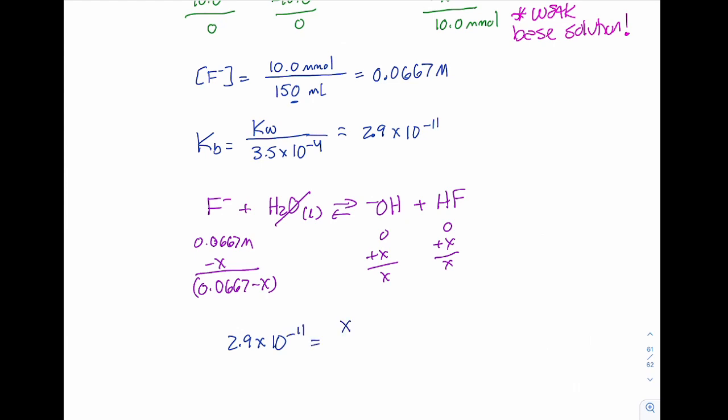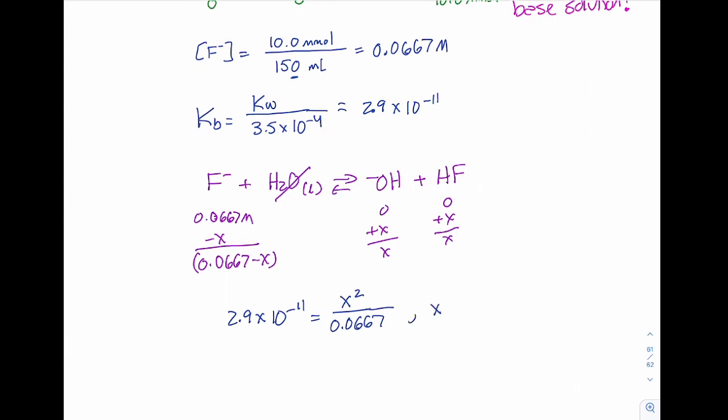So on the top, we have the concentration of hydroxide ions, which is X, multiplied by the concentration of hydrofluoric acid, which is X, so X squared. And then on the bottom, again, we're using that assumption that we can do when K is small. Solving for X, which we do want to remember equals my hydroxide ion concentration.